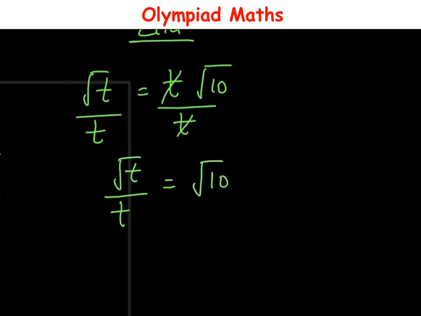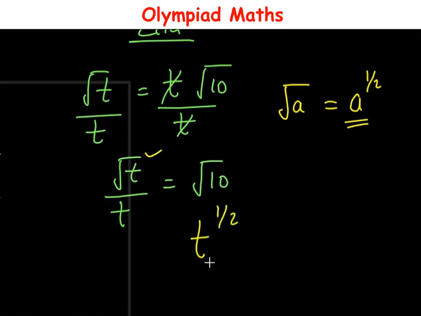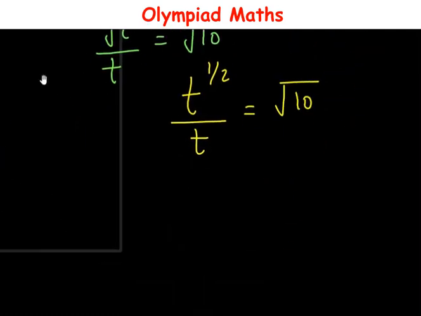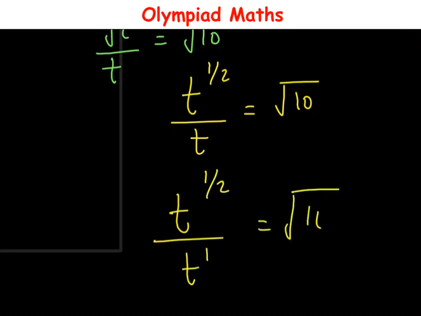Now, there is a rule of indices that if you have root a, this can be written as a raised to power 1 over 2. So applying this right here, what we then have is t raised to power 1 over 2, all over t, is equal to root 10. Now from here, we can express t as t raised to power 1. So this becomes t raised to power 1 over 2 over t raised to power 1 is equal to root 10.